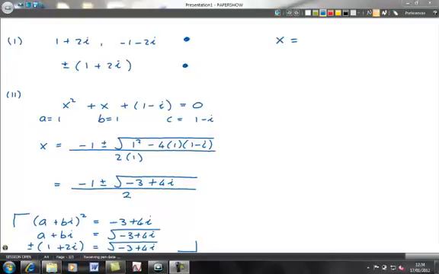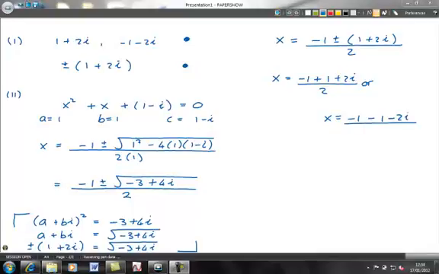x is going to equal minus 1 plus or minus (1 plus 2i) all over 2. You can continue to tidy that up. You're going to split it now, so x is equal to minus 1 plus 1 plus 2i over 2, or x is equal to minus 1, minus 1 again, minus 2i, all over 2.